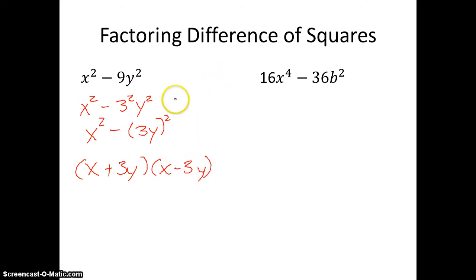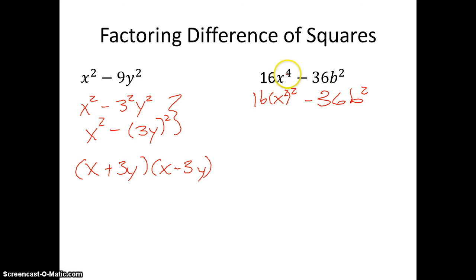And these steps right here aren't really necessary to show if you can just realize, okay, the square root of 9 is 3, the square root of y squared is y, and that. So we could look at it here. We'll do this one. So I have x to the 4th, that could be rewritten as 16 x squared squared, and then 36b squared, right?